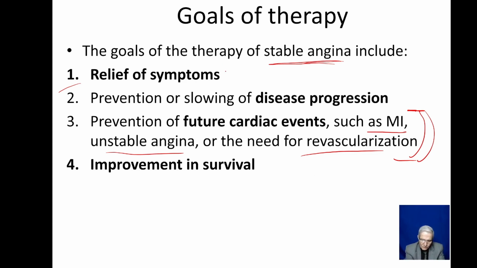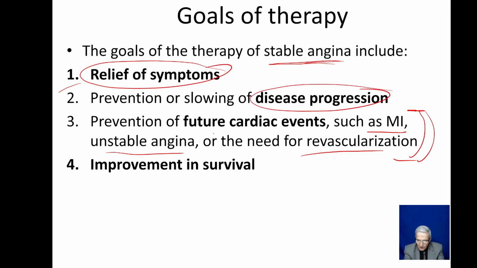So we need to improve symptoms, slow progression of the disease, prevent further events, and improve survival, because we have risk of death.